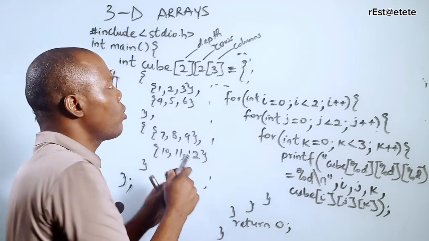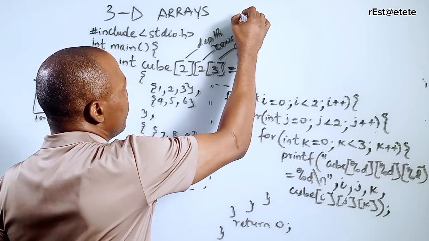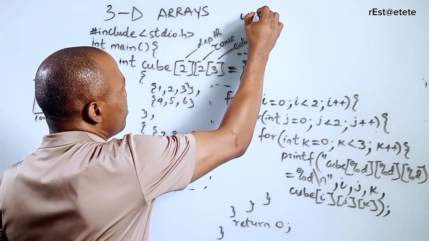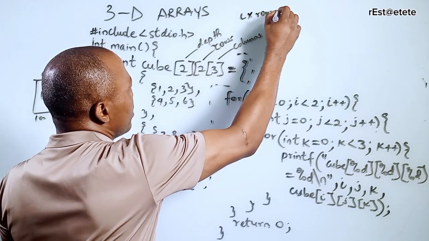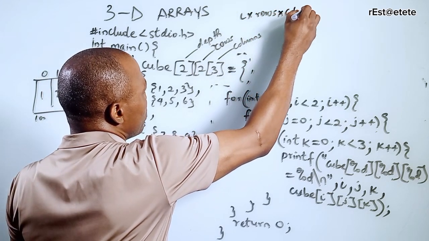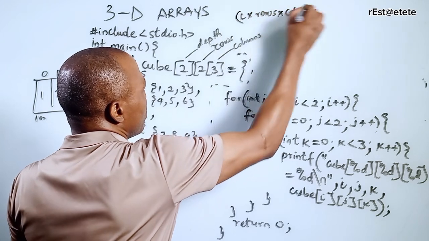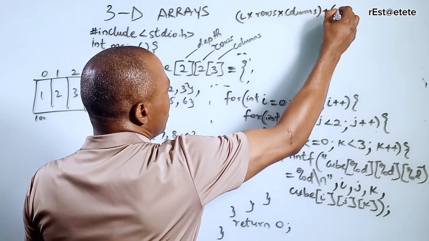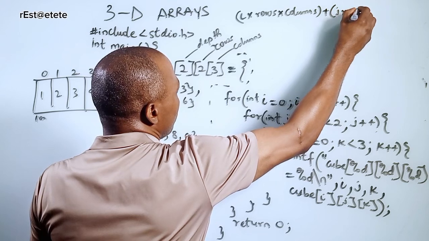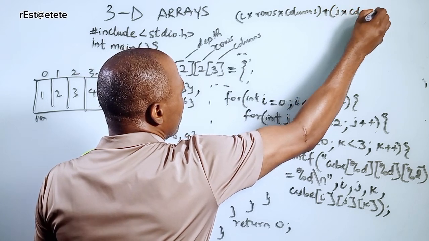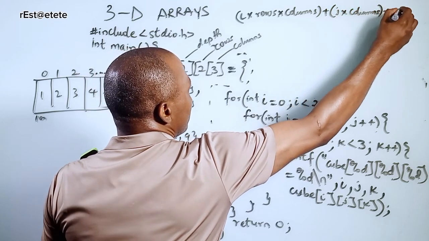But how is this program going to work? Remember this formula that I gave you: i times rows times columns, plus j times columns, plus k.